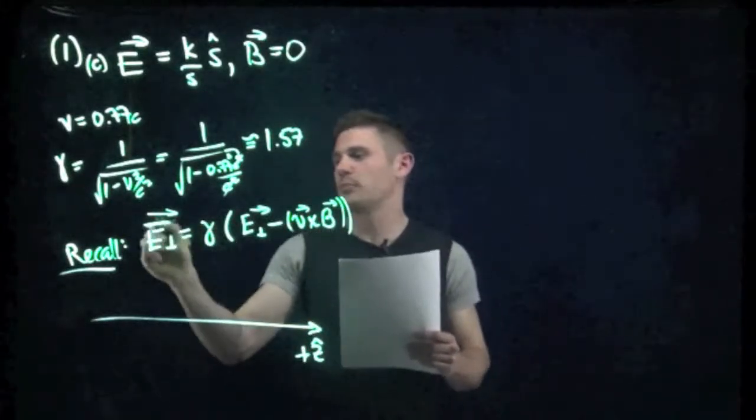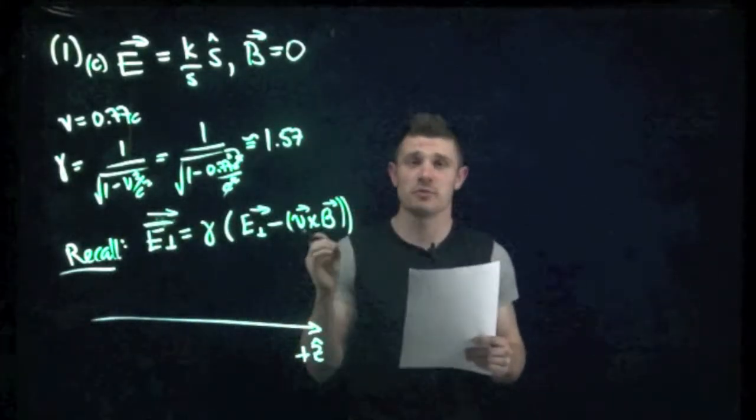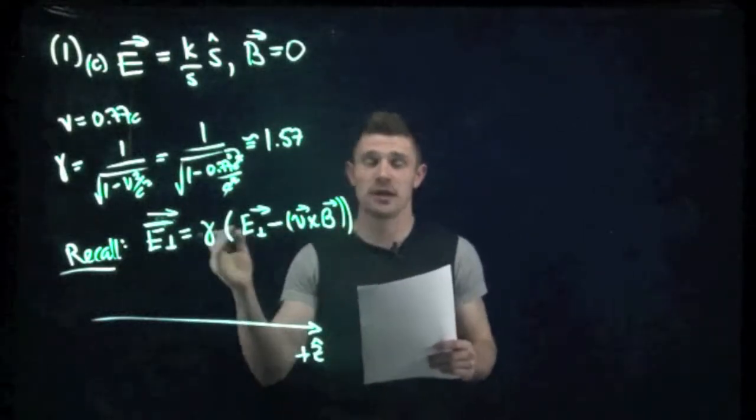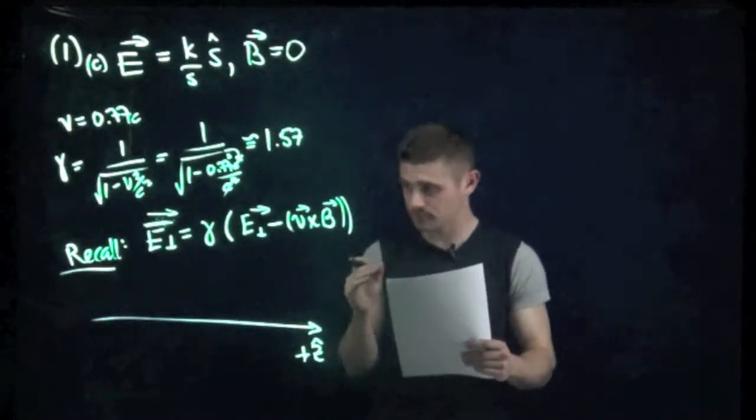So again, here we have an E bar, where the bar denotes the electric field that Heidi observes, and she is the moving observer.